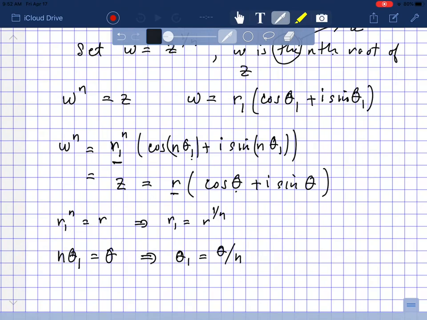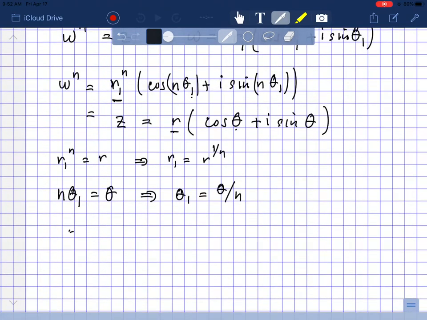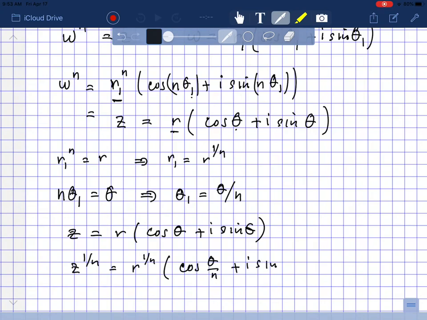So far, so good? Okay, so here's what we have. If we have a complex number z equal to r times the cosine of theta plus I times the sine of theta, then an nth root of z is given by r to the 1 over n power, the nth root of r, times the cosine of theta divided by n, plus I times the sine of theta divided by n.